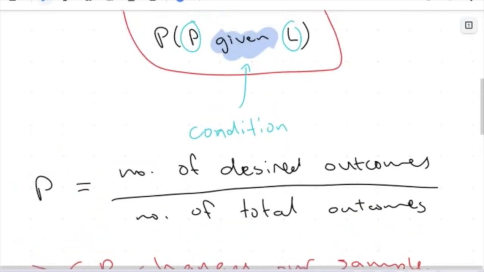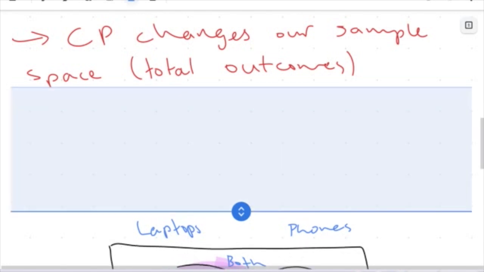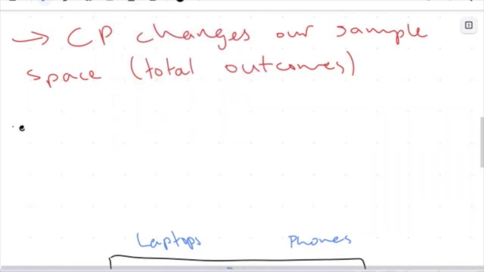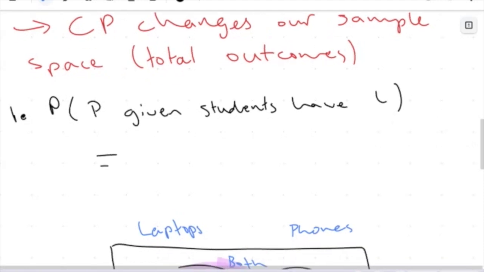So we said before that the probability, so this is question 1, for example, the probability of phones given the students have laptops, that was going to be the 6 students that have laptops.